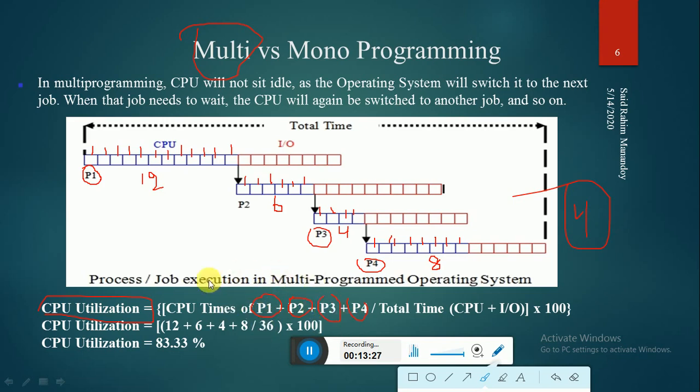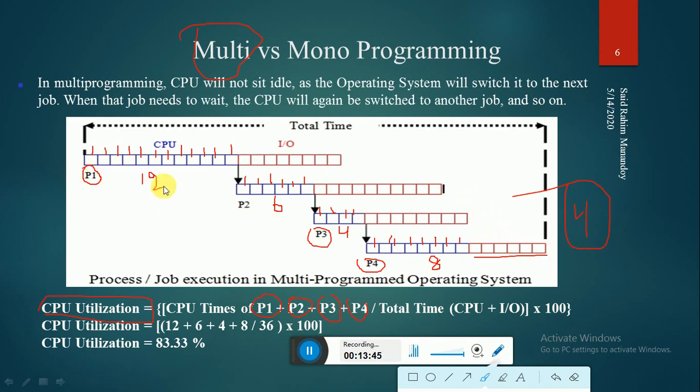We need to sum up these 4 and then divide it into total time. So now the question is, what is total time? The total time is, you need to sum up first these 2 and then the rest of the input output time, IO time.